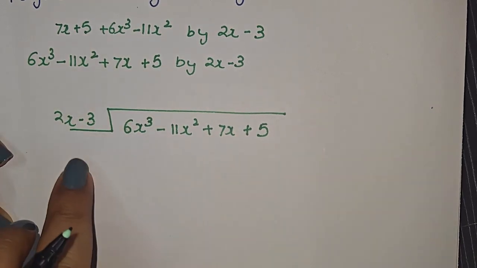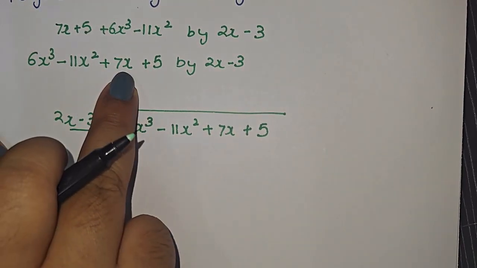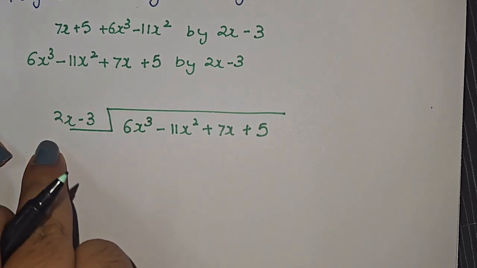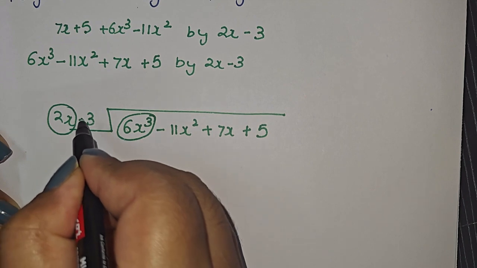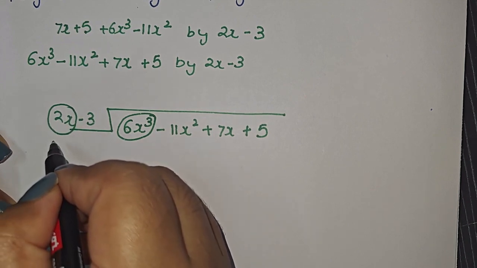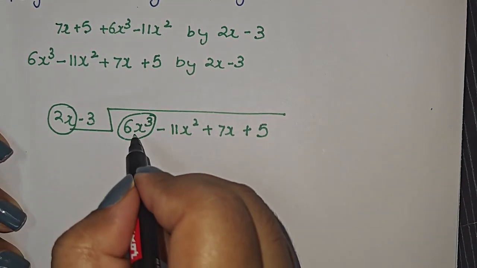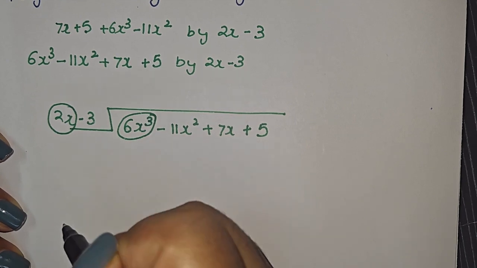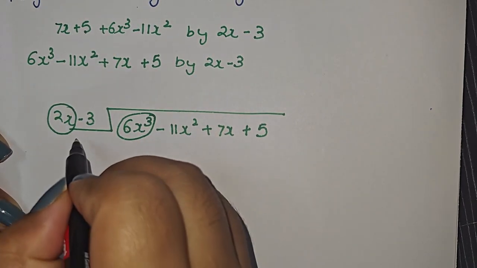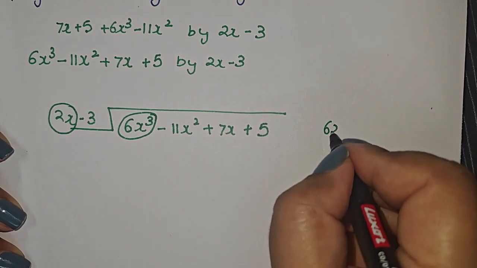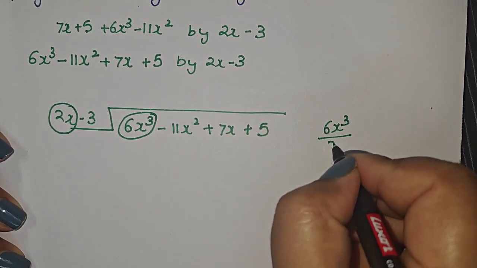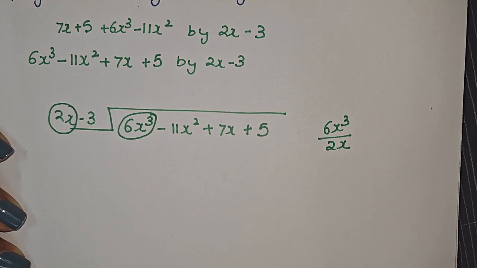The first step was arranging them in the descending order. The second step is to pick up the first term of the divisor and the first term of the dividend and divide them. So we have 6x to the power 3 by 2x.